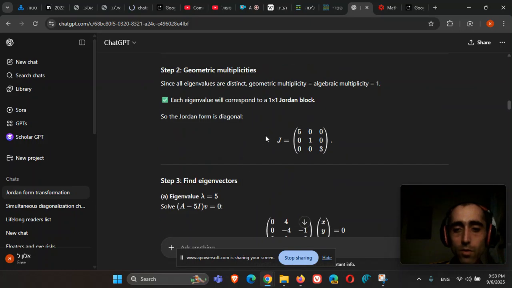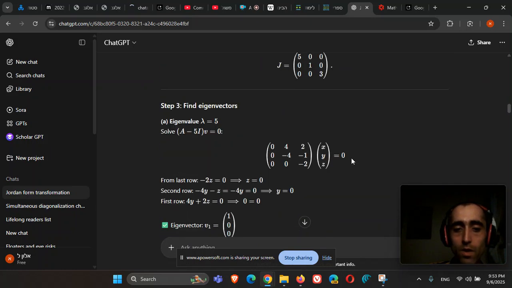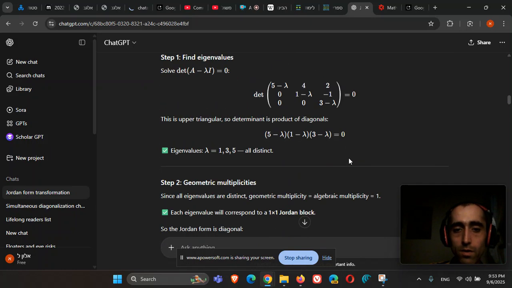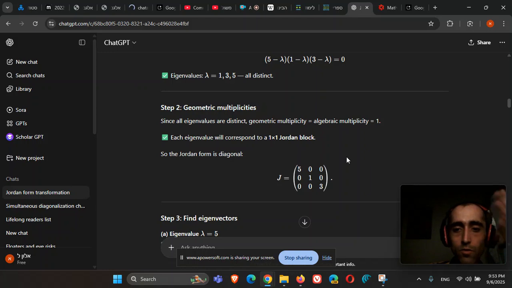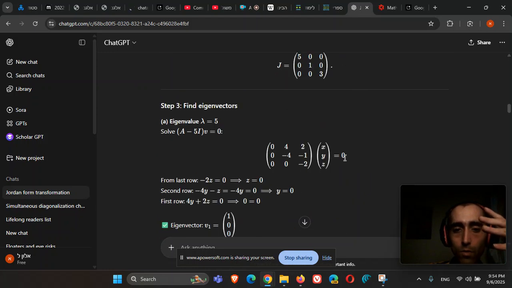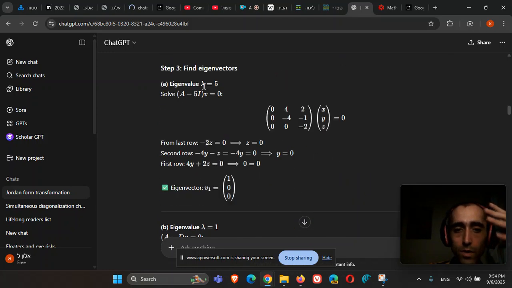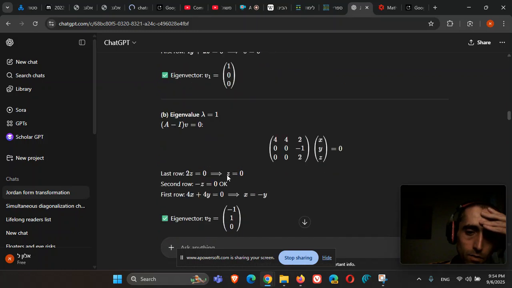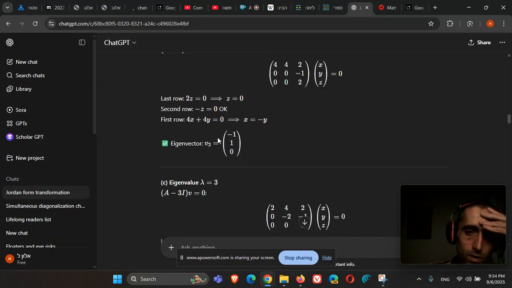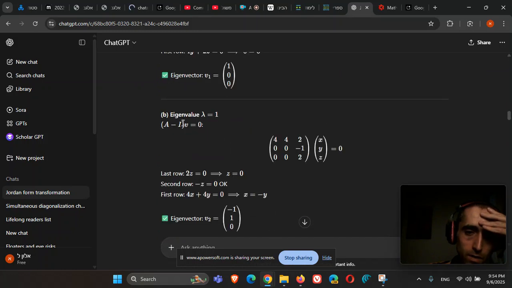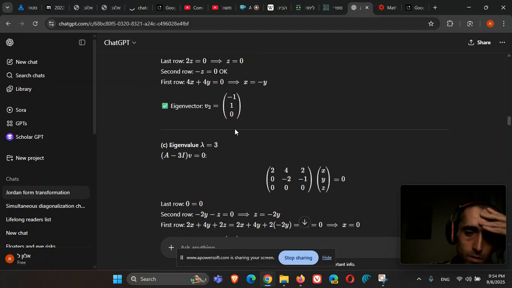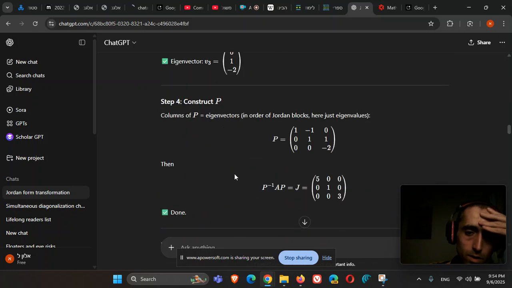So it's diagonalizable, and this is the Jordan form. It's quite easy to find P because it's just the eigenvectors as columns. I'm finding the eigenvectors for each eigenvalue. This is the first eigenvector, this is the second, I'm just plugging in the eigenvalues, and this is the third.